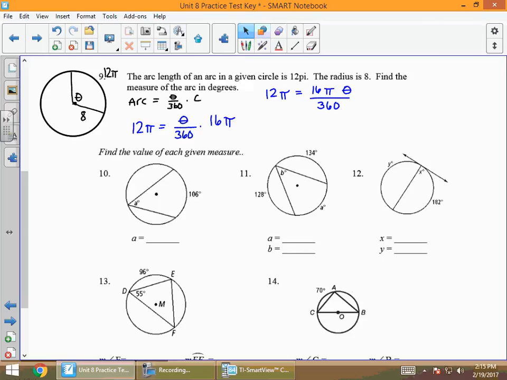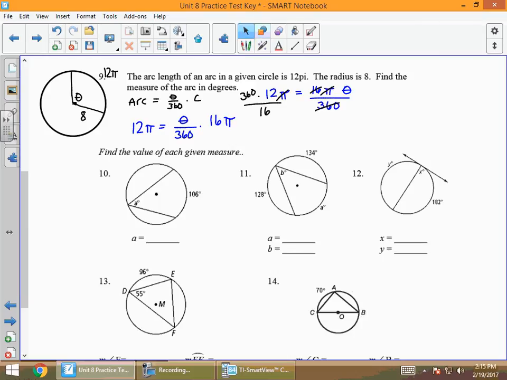I'm going to divide both sides by pi, so the pi's will cancel. I can multiply both sides by 360, get rid of the 360, and then I can divide both sides by 16 to get rid of the 16.